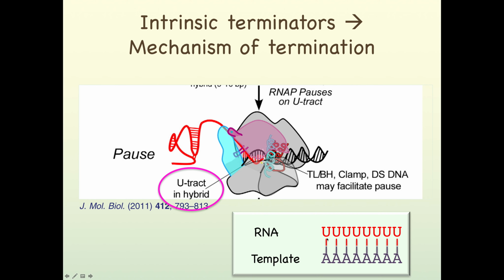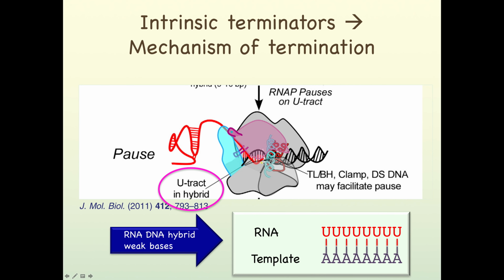You guys know that A and U base pairing are weak base pairs compared to CG base pairing because there's only two hydrogen bonds between an A and a U. So a large tract of A's and U's is very, very weak and unstable. Okay, so let's figure out how this poly-U trail and weak bonding between the RNA within the RNA-DNA hybrid allows termination.